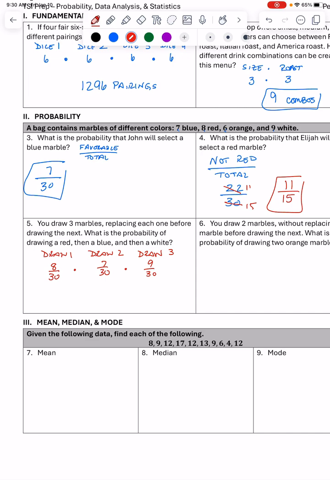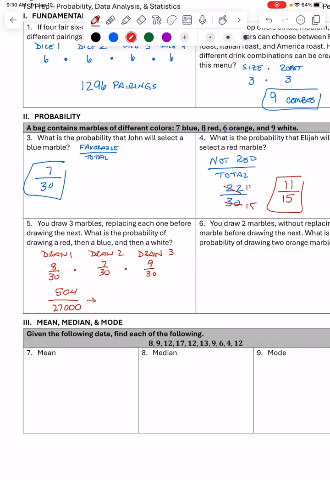If we take 8 times 7 times 9, that gives us 504. 30 times 30 times 30 is 27,000. And again, if you use a calculator to reduce this, I believe we can divide out, what can we divide out?